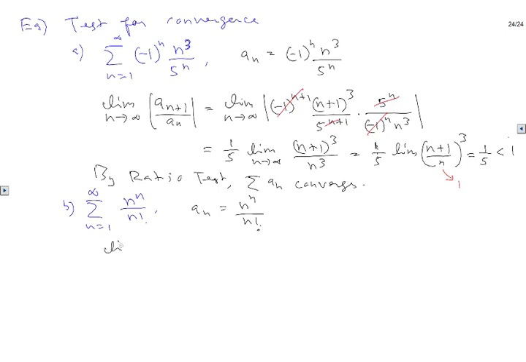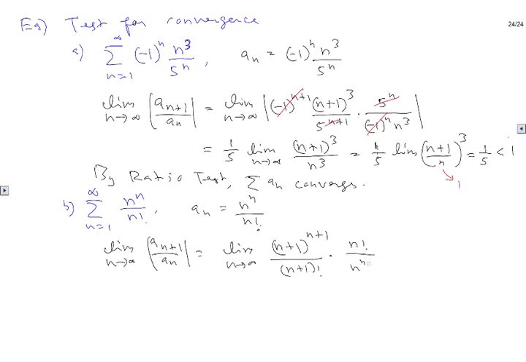It's the limit as n goes to infinity, absolute value of a n plus 1 over a n. So let's plug in n plus 1, so we get n plus 1 to the n plus 1 power over factorial n plus 1. Again, make it upside down. We don't need the absolute sign because it's all positive.